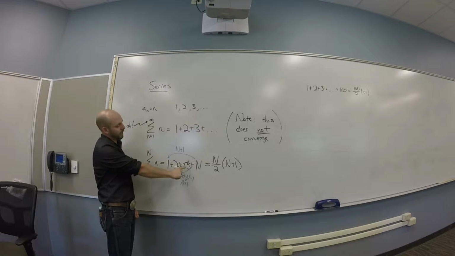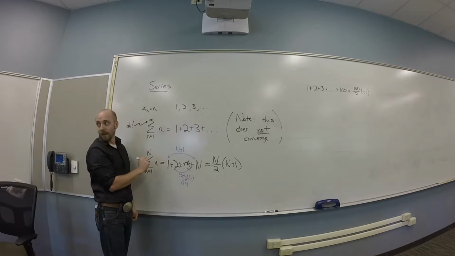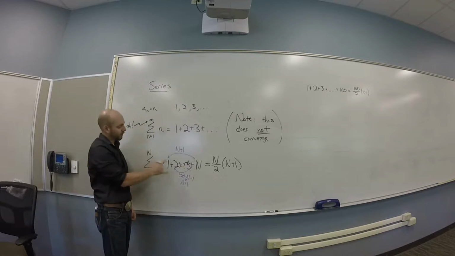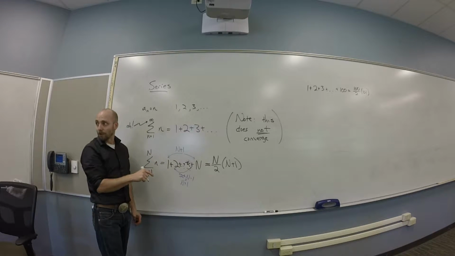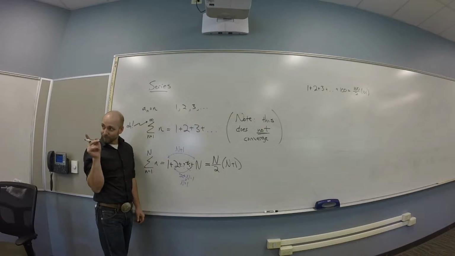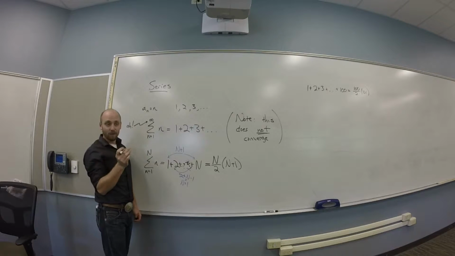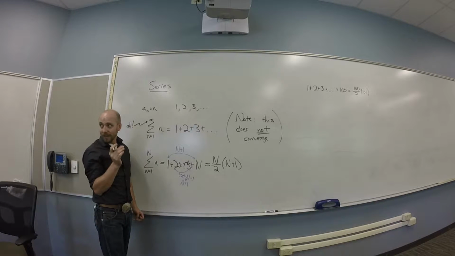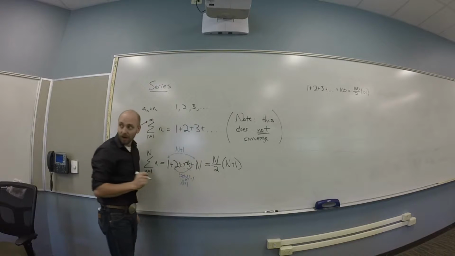So N minus 1 plus 2 is N plus 1. I noticed that those are the same sum, right? So if I pair this thing up all the way down, it's going to stop, because there's only finitely many of them, right? They all sum to N plus 1. And there are N over 2 pairs.